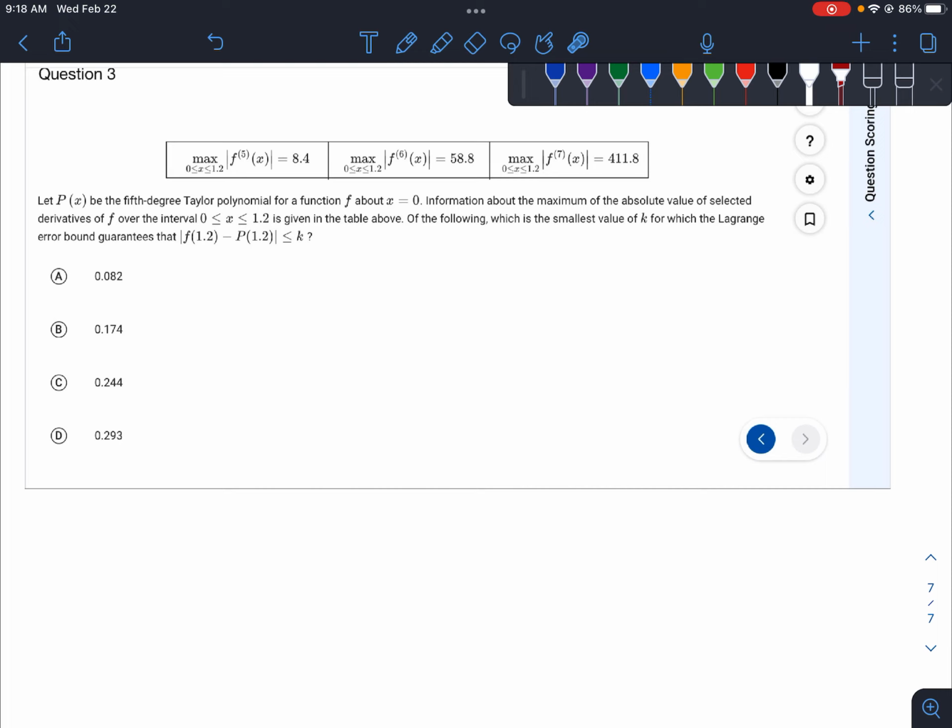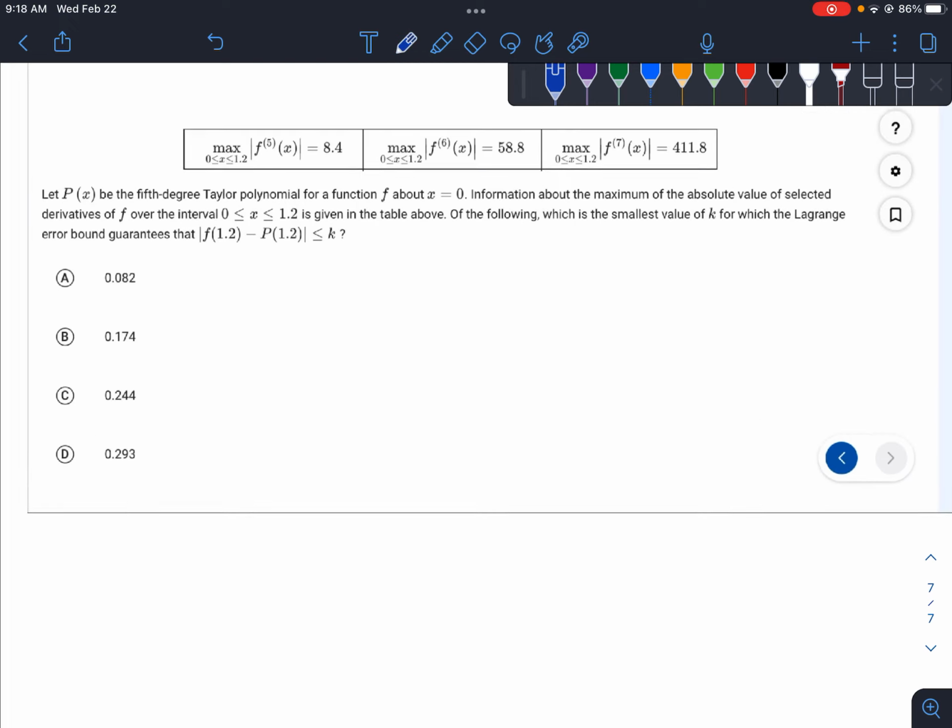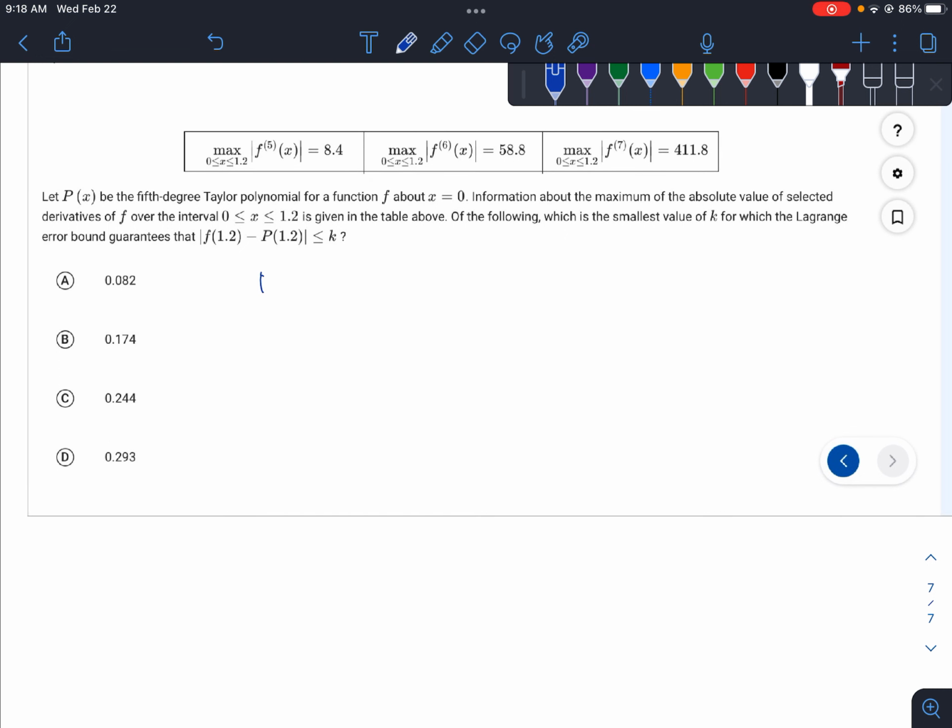But I know that it's asking me to use the Lagrange error bound, so I'm going to use the Lagrange error bound. So r sub, in this case, I think we want to use r sub 5. I say r sub 5 because we're using the fifth degree polynomial.